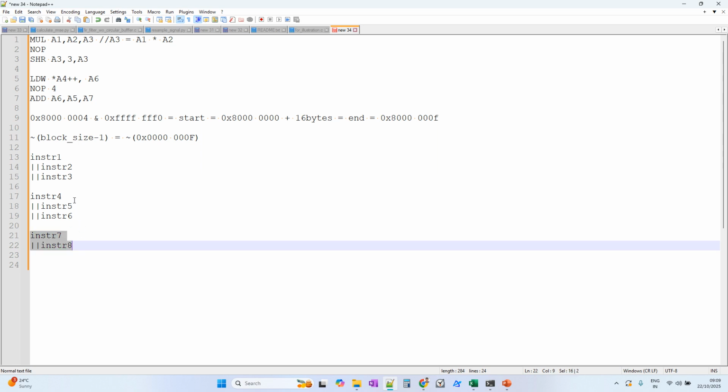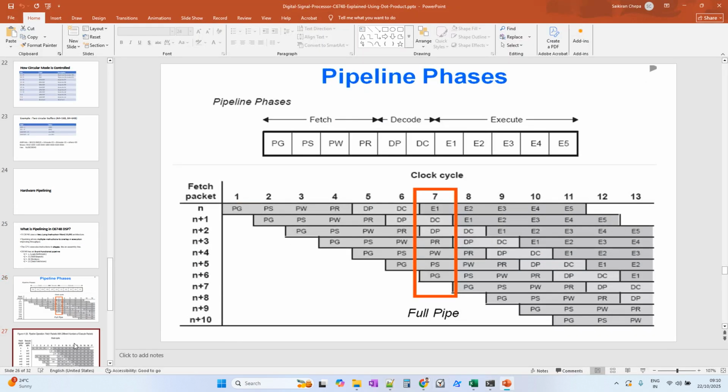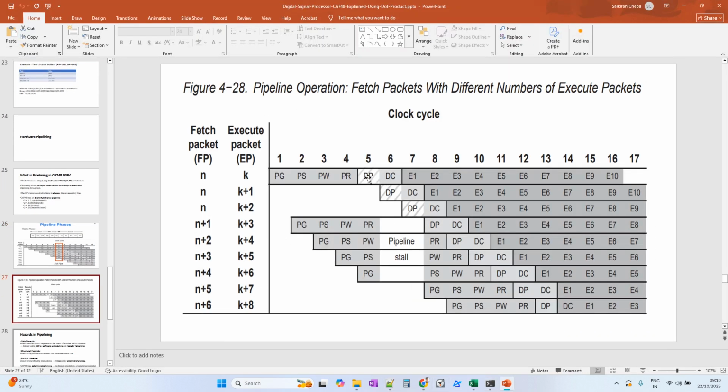When multiple execute packets are there in a single fetch packet, we will see stalls. For example, this is for the first execute packet, this is for the second execute packet, and this is for the third execute packet. After this the dispatch is coming, right? Here the pipeline stalls have come. The entire pipeline has been stalled here, so the next PR can come only after this dispatch is over.